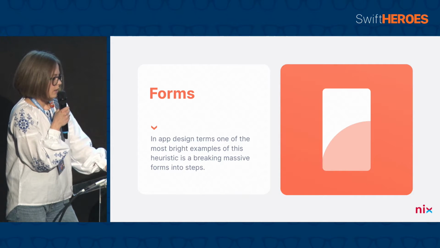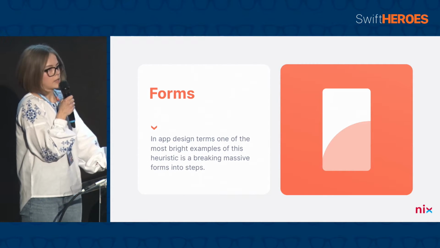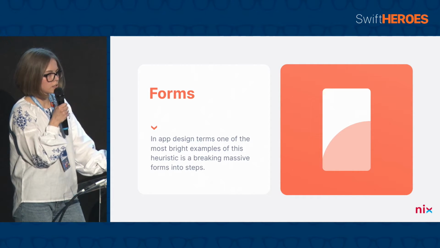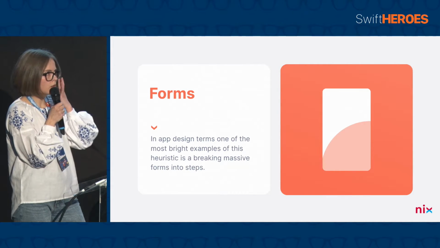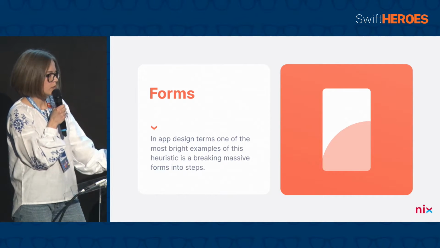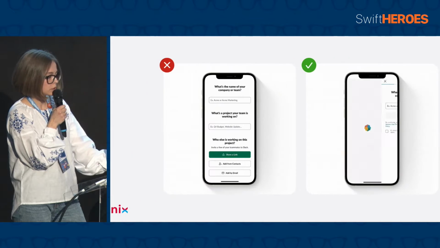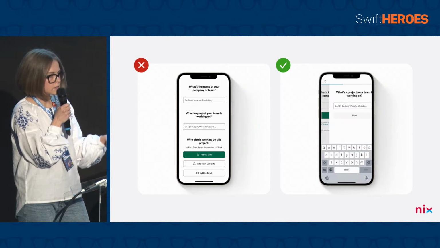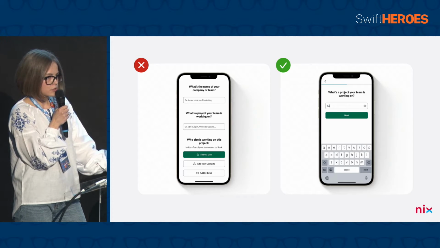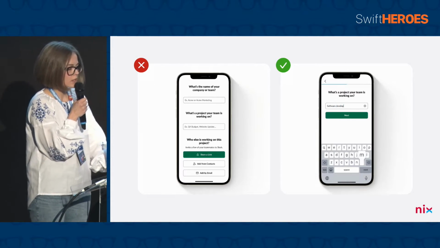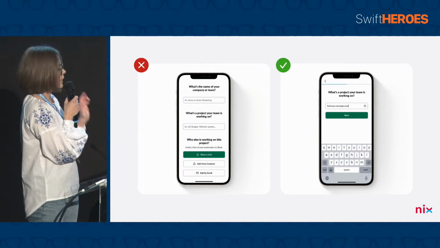And the brightest example, I guess, of applying this law is breaking long and cluttered forms into steps. Because sure, you can make a long form and make users scroll in it, but there is a chance that the user will refuse to do it at some step. So look at the right example.